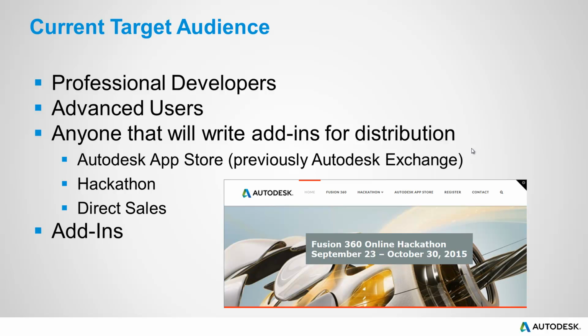Some other functionality that we added that's more targeted towards this new audience versus just the end users is add-ins. Really what an add-in does is it lets you install something on that machine, and that add-in can support commands.